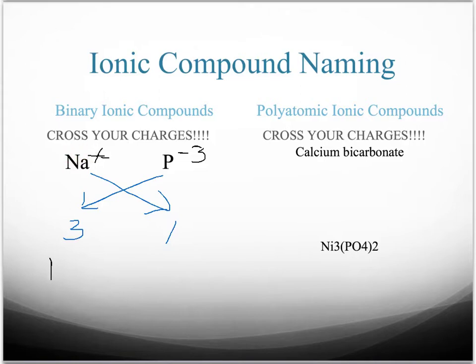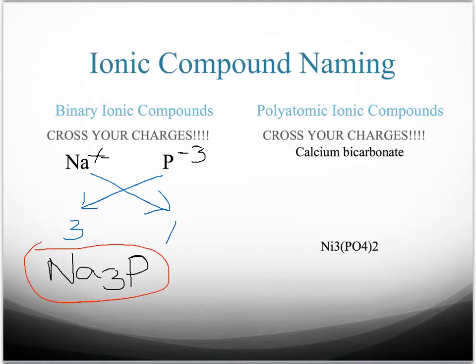We're going to bring that down so it's just Na. The 3 comes with it. Now we have our P. That comes down. We don't write ones in chemistry, so we leave it as is. And our final formula would be Na3P for sodium phosphide.